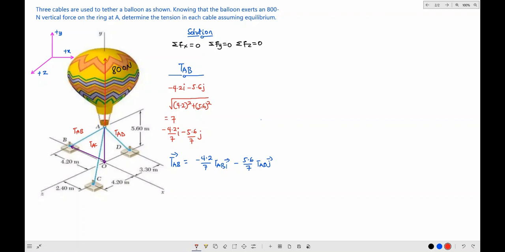Those are the components of the tension in cable AB, so let's take note of that. I'm going to do the same for cable AC and then AD. So let's go ahead.